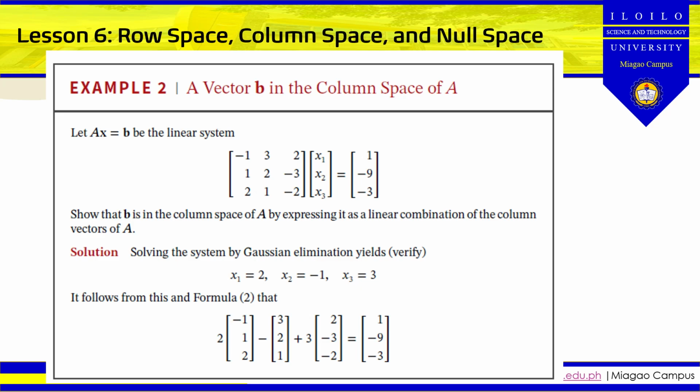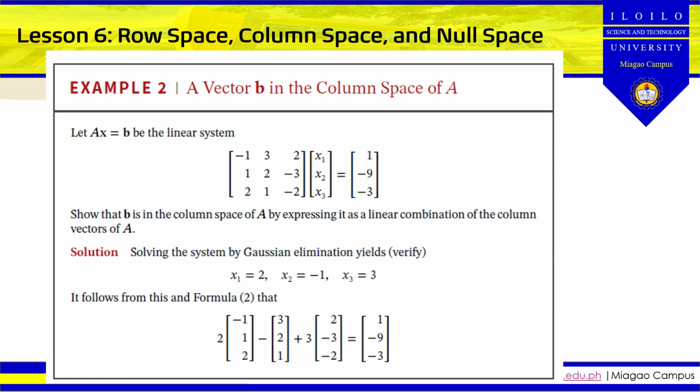Show that b is in the column space of A by expressing it as a linear combination of the column vectors of A.